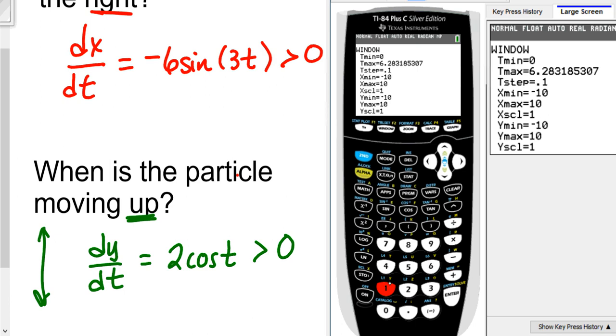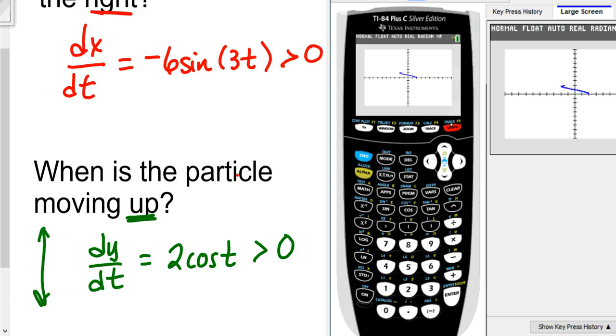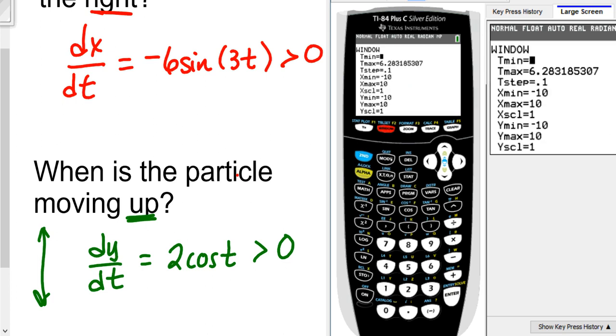And then I might even want to make the t-step a little bit smaller. Remember that the calculator actually doesn't know math, and so what it does is it plots dots, and then it will connect the dots. So the smaller your t-step, the more points the calculator will plot, and the better your graph will look in terms of accuracy. If I want to see that more clearly, I could change my max and min for x and y, right?